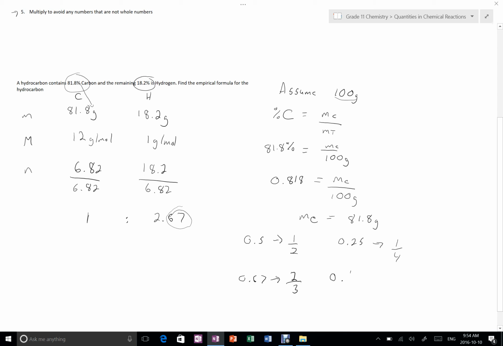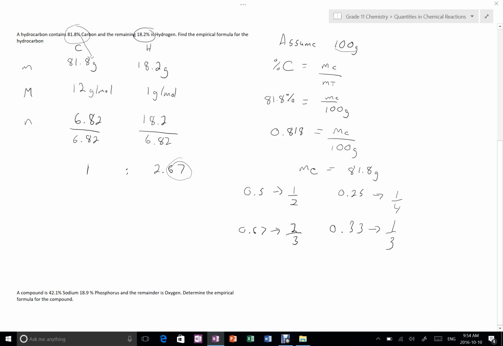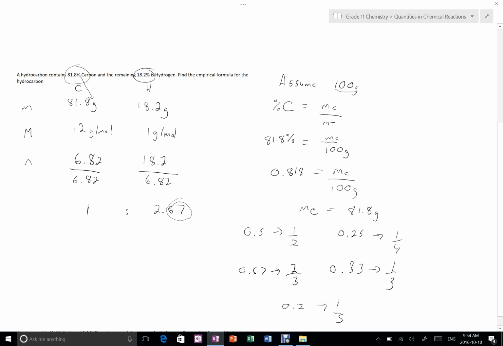The other ones that I'd expect you to recognize are 0.33, which is related to 1/3, and the last one, 0.2, which would be related to 1/5. Anything more complicated than that, I wouldn't expect you to remember. So this 0.67 resulted maybe because I had a 2/3 at some point. If I don't want a 2/3, I don't want that 3 on the bottom, then I can multiply both of these numbers by 3. This one will turn into 3, obviously, and 2.67 times 3 turns into 8.